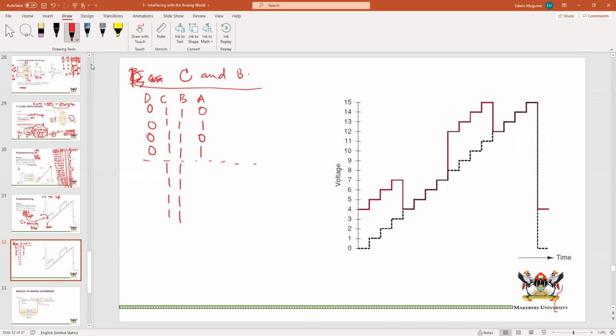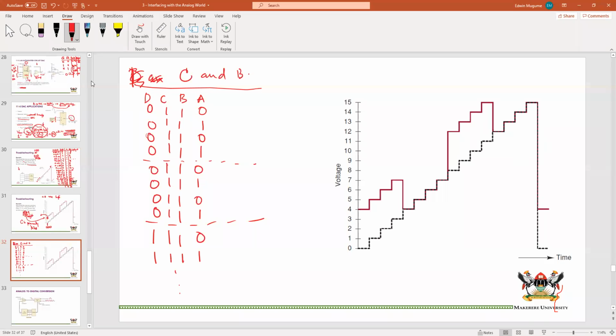We can then continue here. 0, 1, 0, 0, 0, 1, 0, 1, 0, 1, 1, 0, 0, 1, 1, 1, right? Then usually we would have 1, 0, 0, 0, but this is not 0. These two are permanently high. So it's 1, 1, 0, 1, 0, 0, 1, and so on.